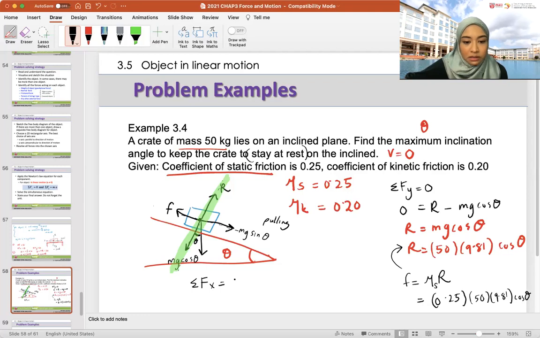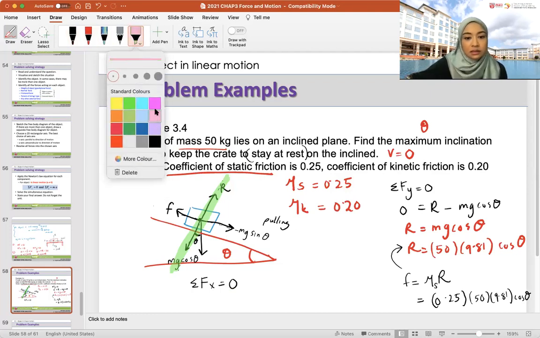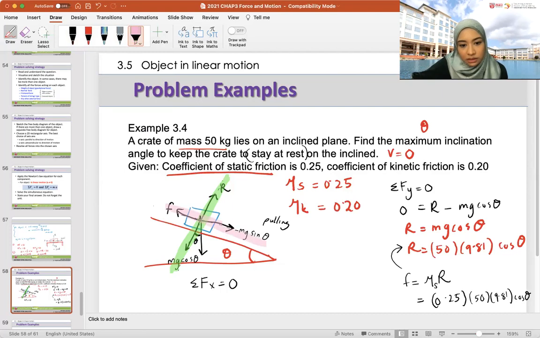So net in the Fx is equal to 0. And then we find out what are the forces in this axis. This axis sahaja. Jangan campur-campur. Okay, so let me write that down. So we have mg sin theta. This is positive, this is negative.